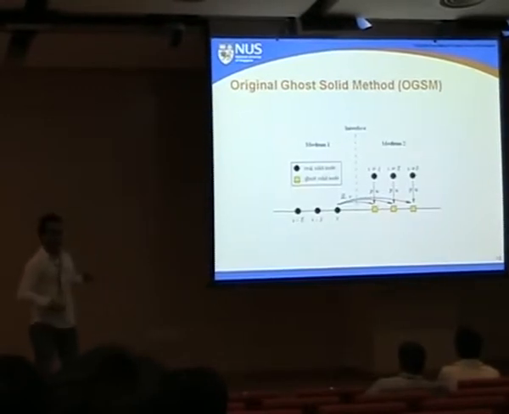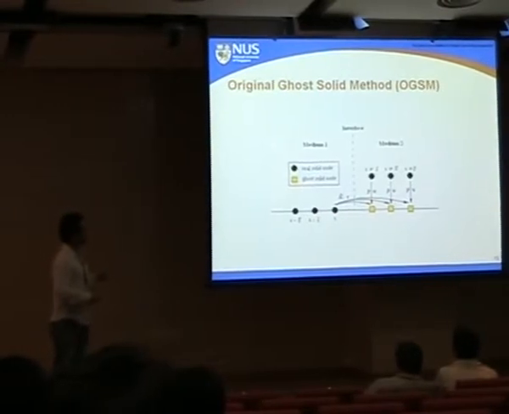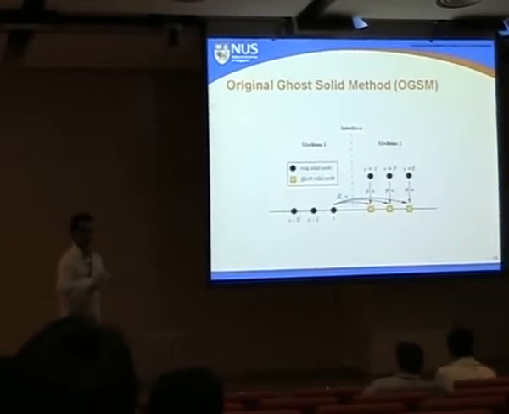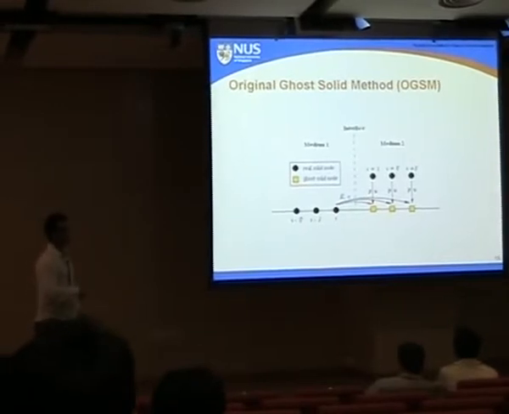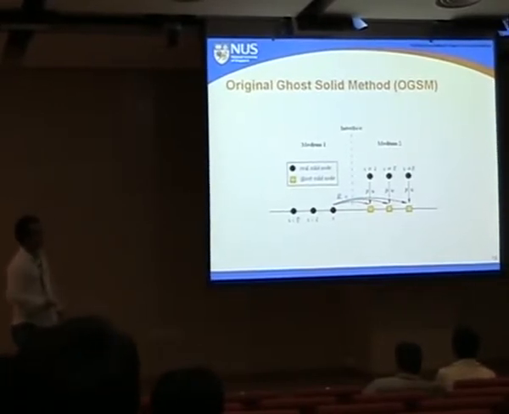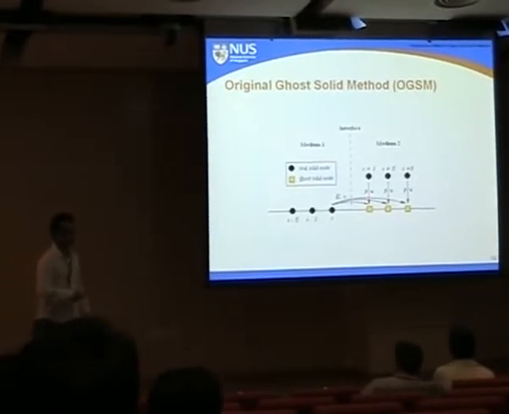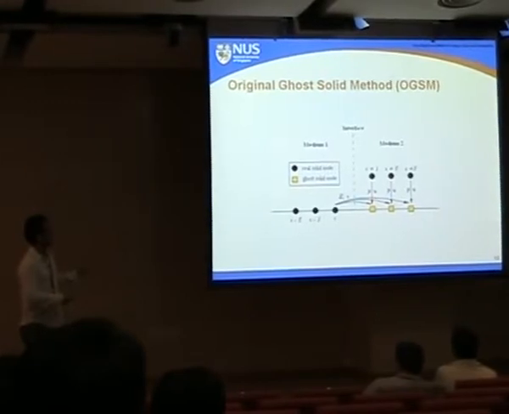For example, the simplest one, the original ghost solid method, is that I take the material properties of this point and copy them to these ghost nodes, meaning that, for example, the density or the speed of sound in this material, I just copy to the ghost nodes. And for other properties like velocity or the stress or pressure, in the 1-dimensional case, I just copy from the real nodes that are there.